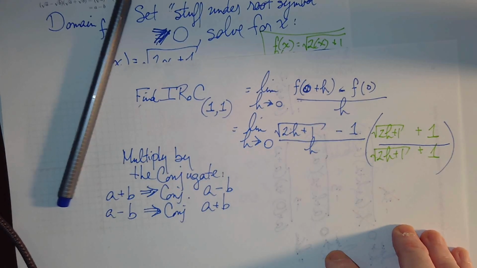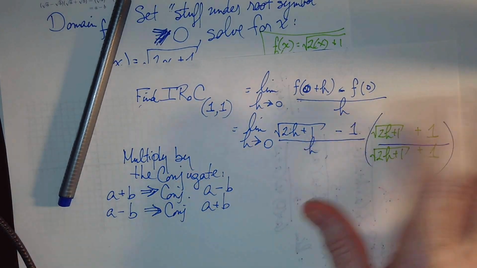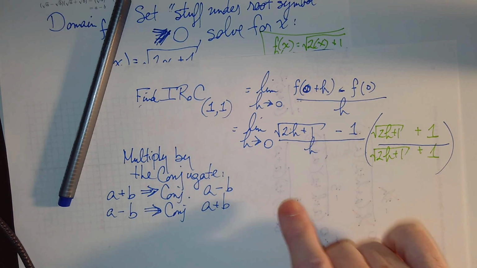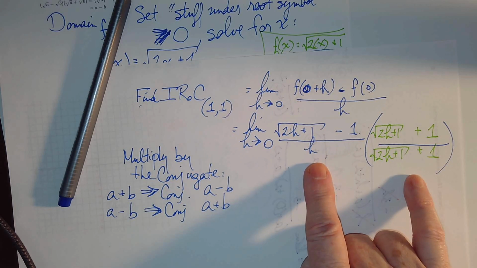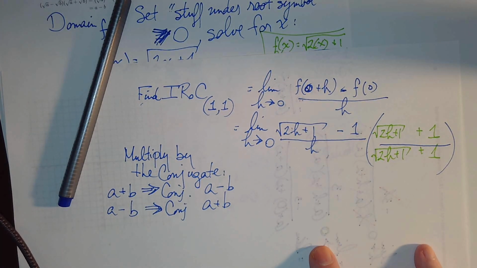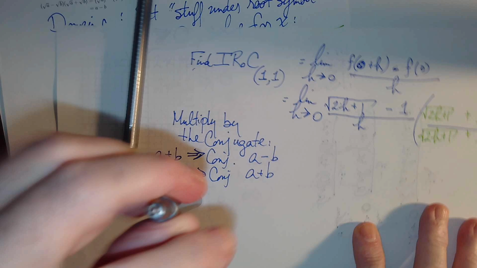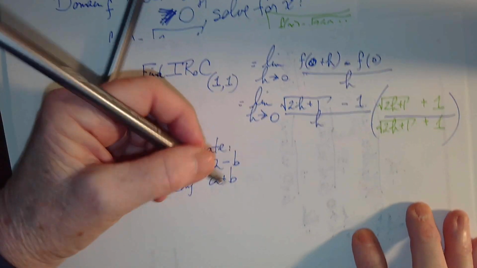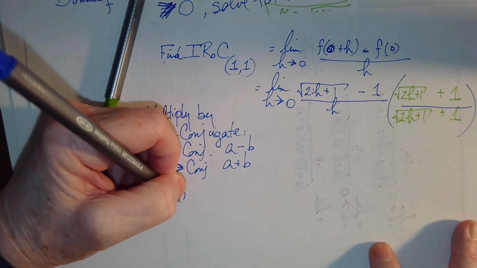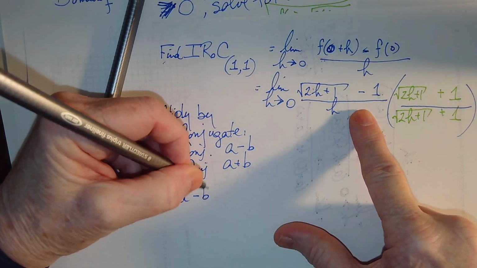And now, again, we're going to distribute. We're going to find the product of the numerator and simplify, but we are not going to distribute or simplify the denominator. And we're not going to multiply out the numerators step by step, because we know that we had here a minus b.